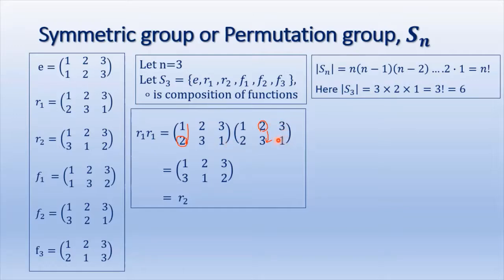Therefore, the resultant is 2 goes to 1. Similarly, 3 goes to 1 and 1 goes to 2. Therefore, 3 goes to 2. So we have obtained the new permutation or new function. What this function corresponds to, you have to see from the table. So R1 into R1 is R2.